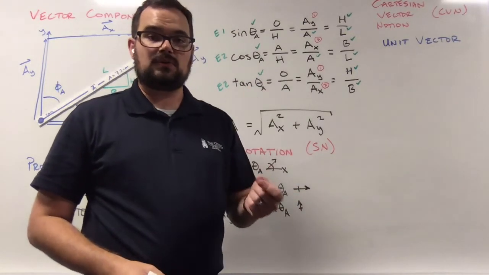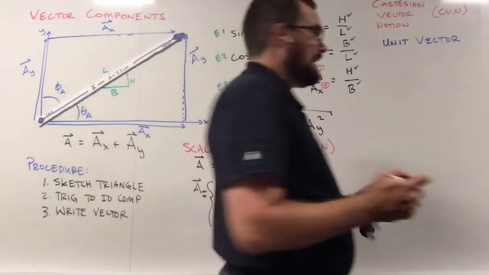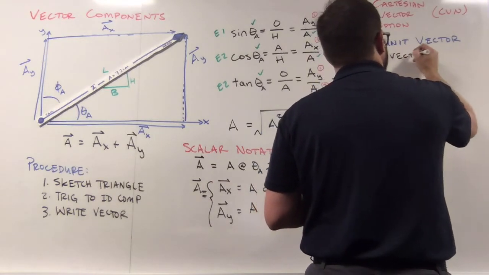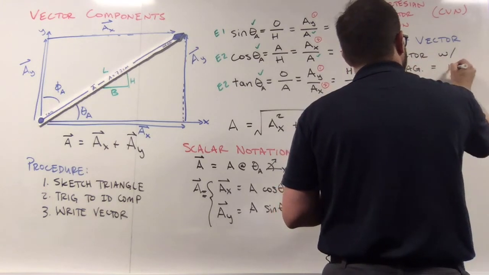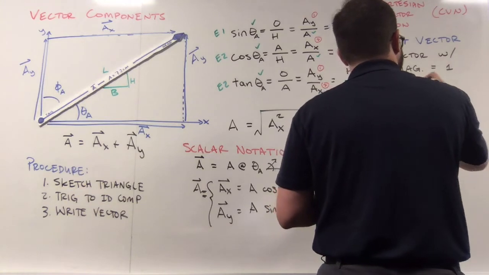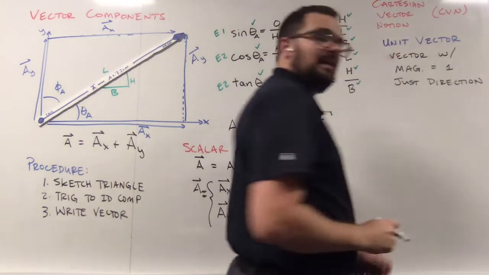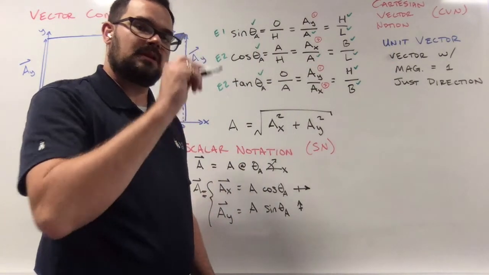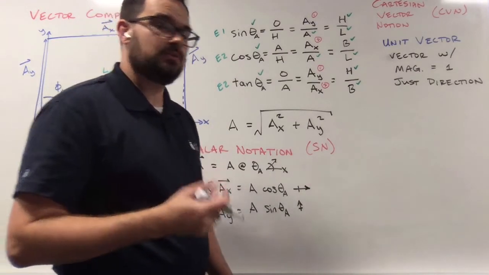So it's going to have a magnitude of 1 and then tell me something about the direction, just direction. The way that we indicate unit vectors is by giving them a little hat, not an arrow, but a little hat. And in Cartesian vector notation, we have in 2D two unit vectors.